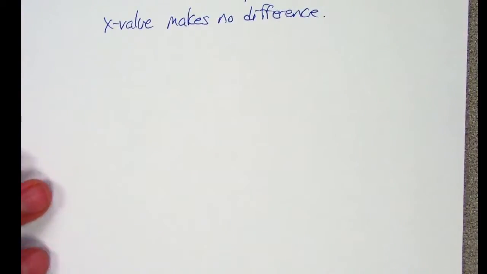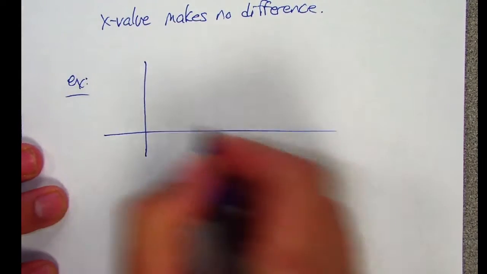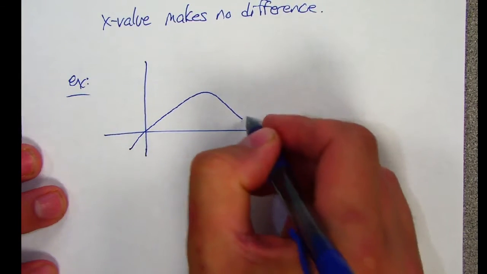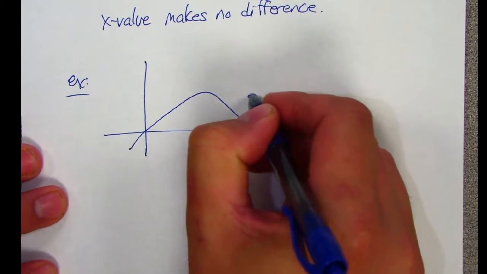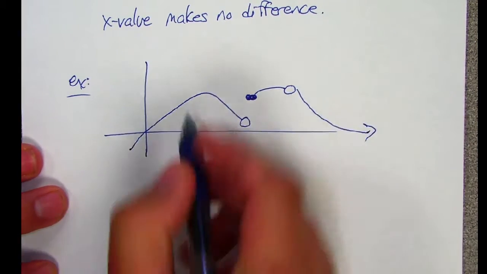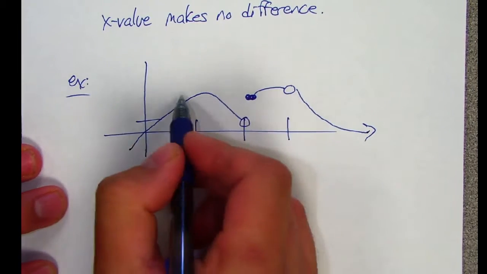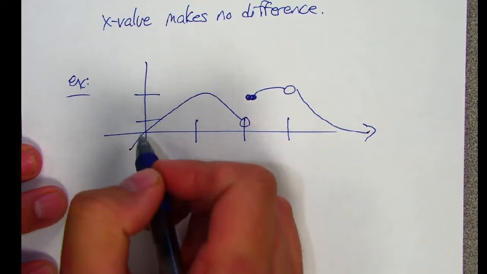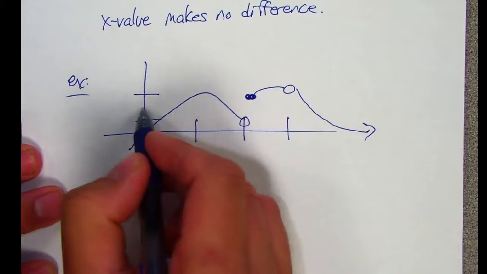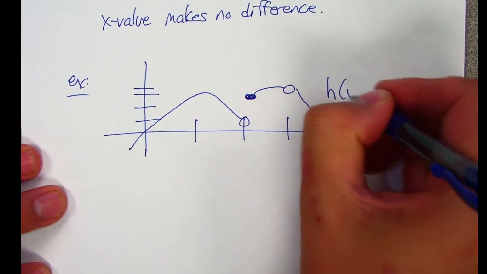So if I look at what that might look like in a graph, just kind of making up this graph here. Let's say we got these x values, those y values, and let's say this is h of x.